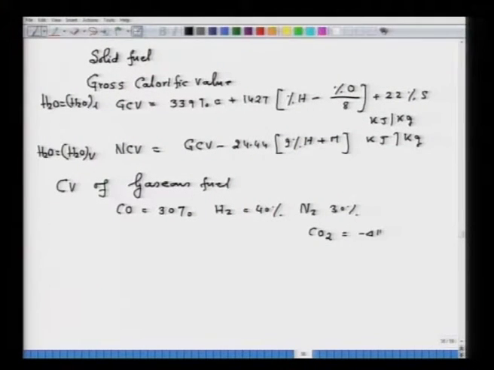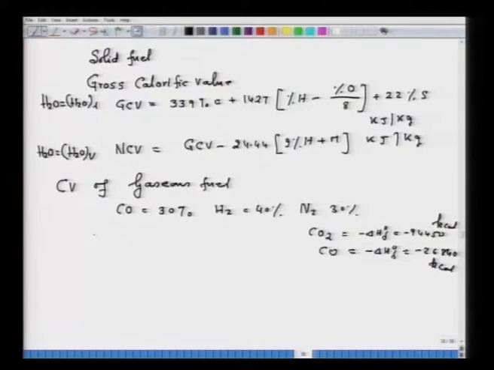So, we know that for CO2, minus delta H naught F is equal to 94,450 kilocalorie per kg mole. For carbon monoxide it is equal to 26,840 kilocalorie. So, you can determine those.